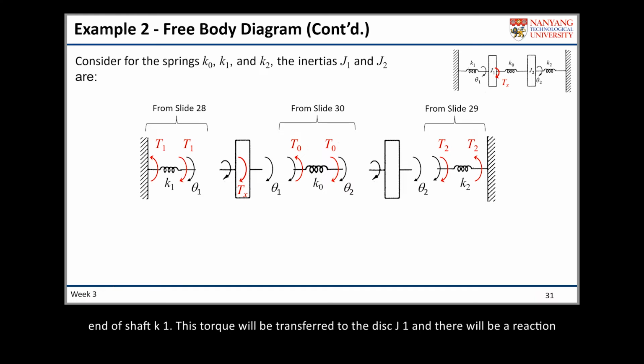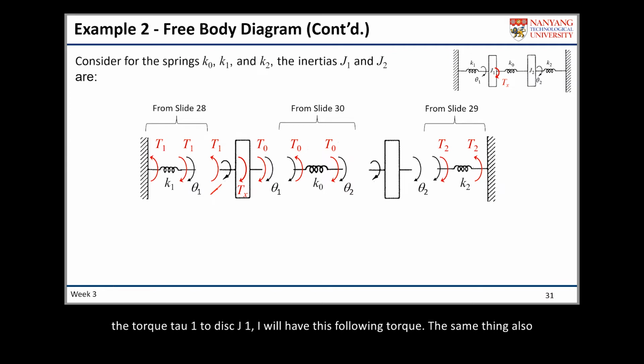Of course, this torque will be transferred to the disc J1, and there will be a reaction torque acting on this J1. The reaction torque is a reaction to the torque tau 1 in shaft K1. But of course, the direction of the torque will be opposite. So after I transfer the torque tau 1 to this J1, I will have this following torque.